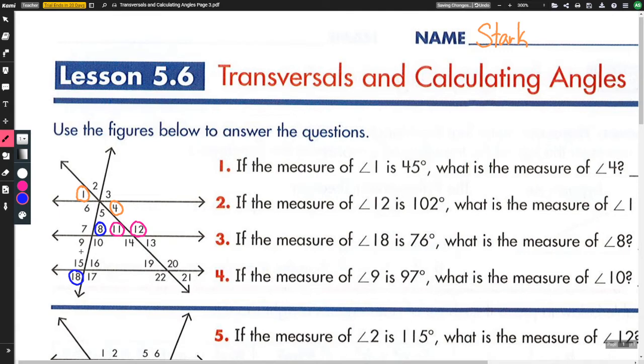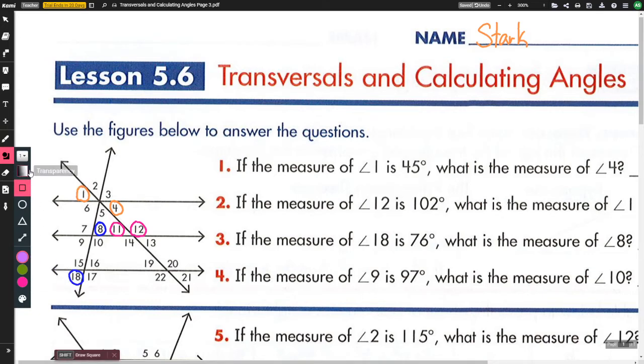As you see, if we were to just take away this top line, let's kind of block it out. Oops. Oh, I know what to do.